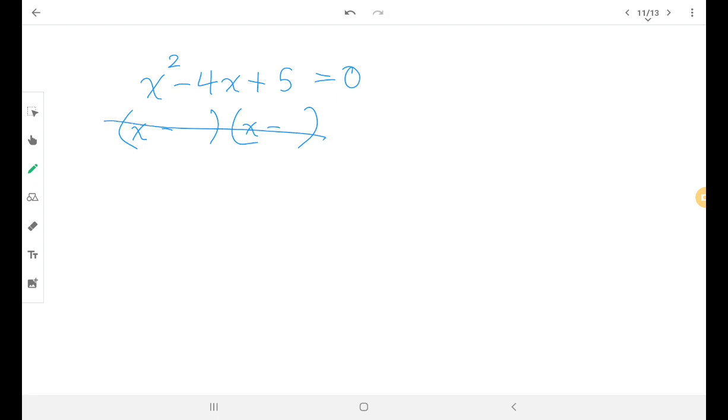So instead, I have to move on to the other technique, which is completing the square. So let me take you through completing the square on this. I would subtract 5 on both sides and have the setup of x squared minus 4x equals -5. The ability to complete the square requires you to have x squared by itself.